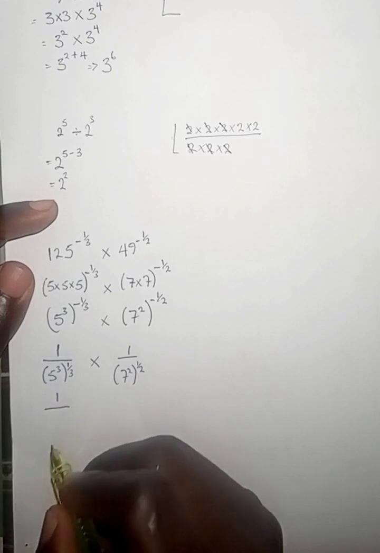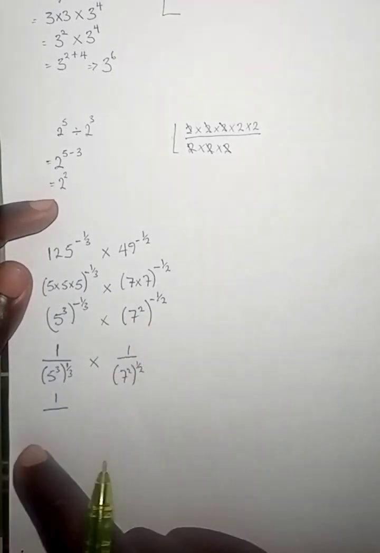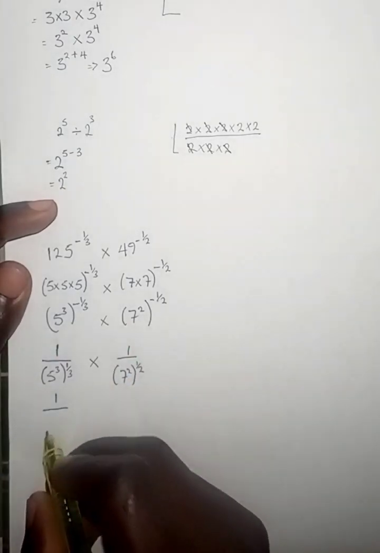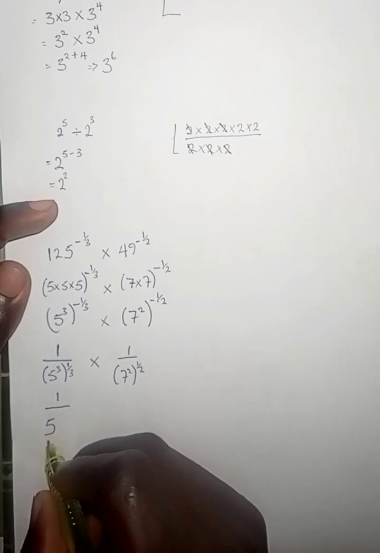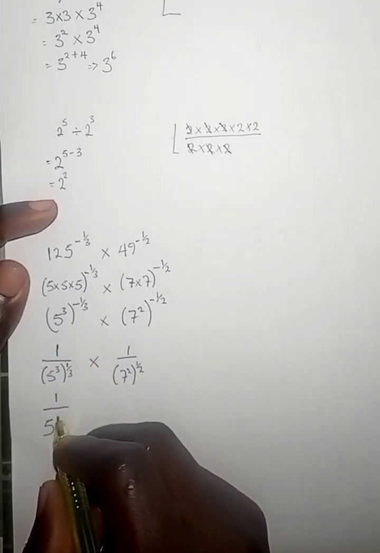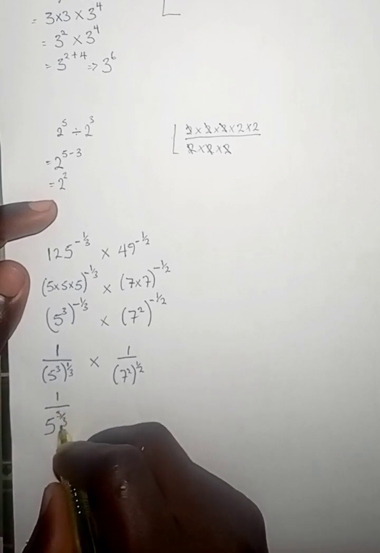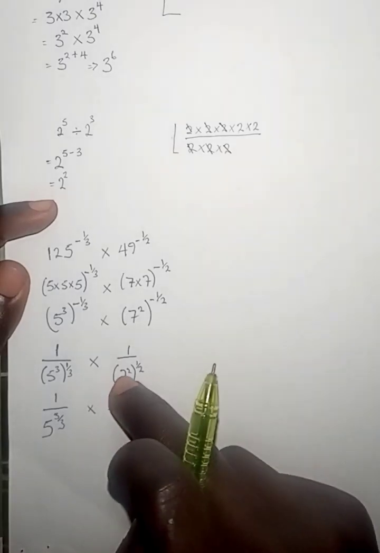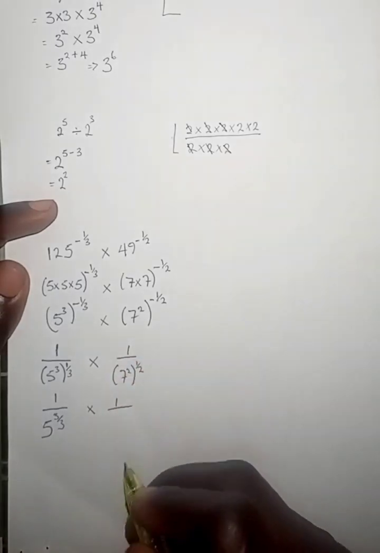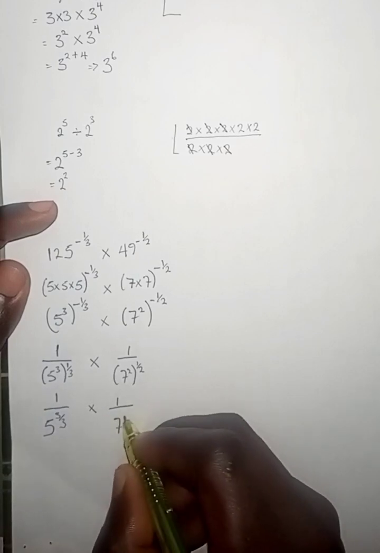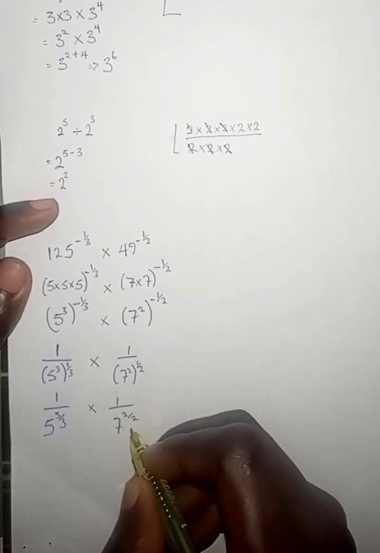When our base has more than one power, what does it do? It multiplies each other. So we'll have 5 to the power of 3 times 1 over 3, which is 3 over 3, and 7 to the power of 2 times 1 over 2, which is 2 over 2.